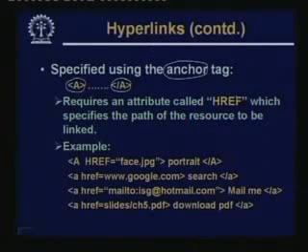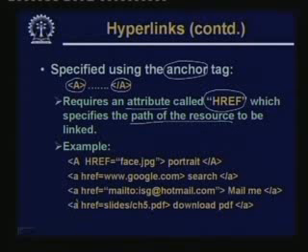That is mandatory. Without that, the anchor tag will not carry any meaning. So for the anchor tag, there is a mandatory attribute called href, or hyperlink reference. This attribute has to be used along with the anchor tag, and it specifies the path to the resource which you want to link.